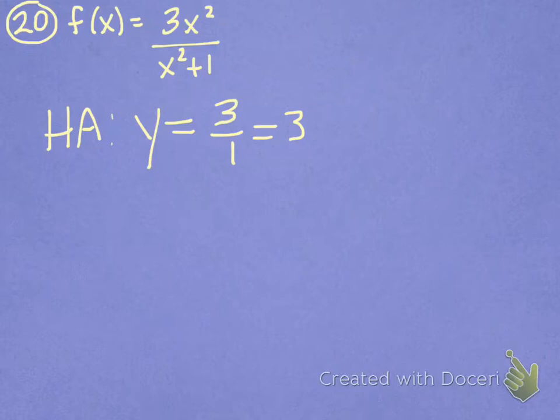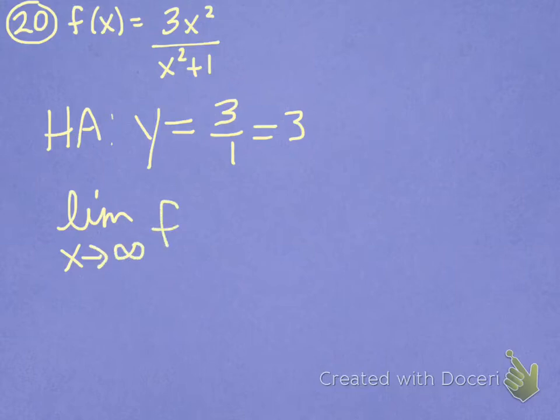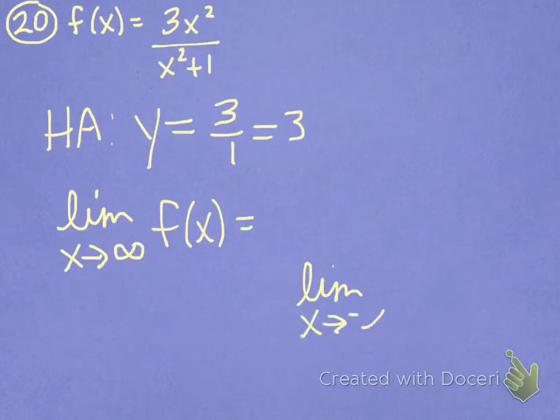y equals 3. And remember, a horizontal asymptote occurs when the limit as x approaches either positive infinity or negative infinity, and sometimes both, is 3.